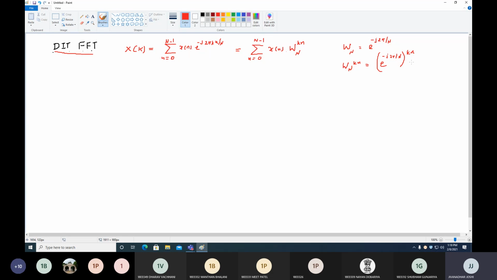So multiplying both powers, we have e raised to minus j 2 pi kn divided by N, the original basis signal which is there in the original equation of X of k. So it is valid to write like this. We should not have any doubt for this.